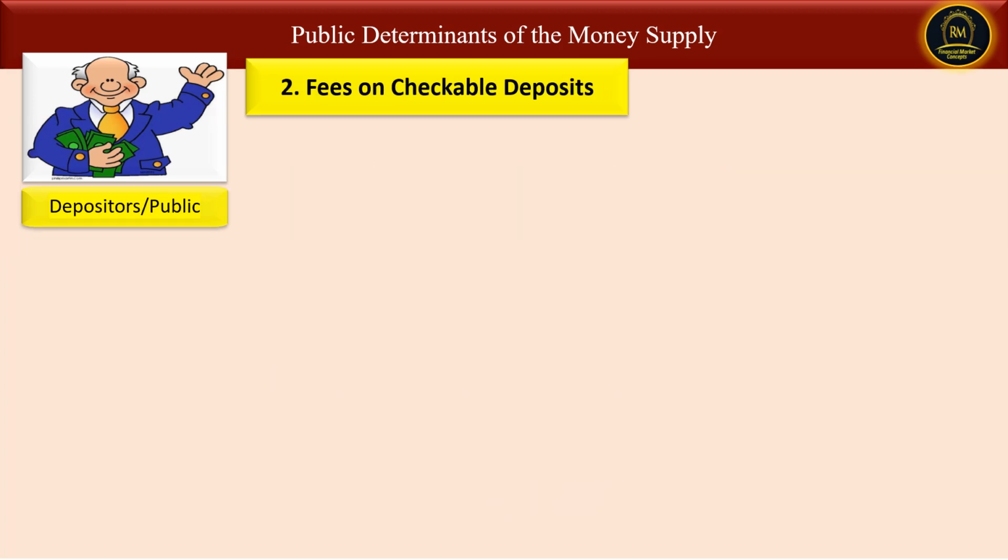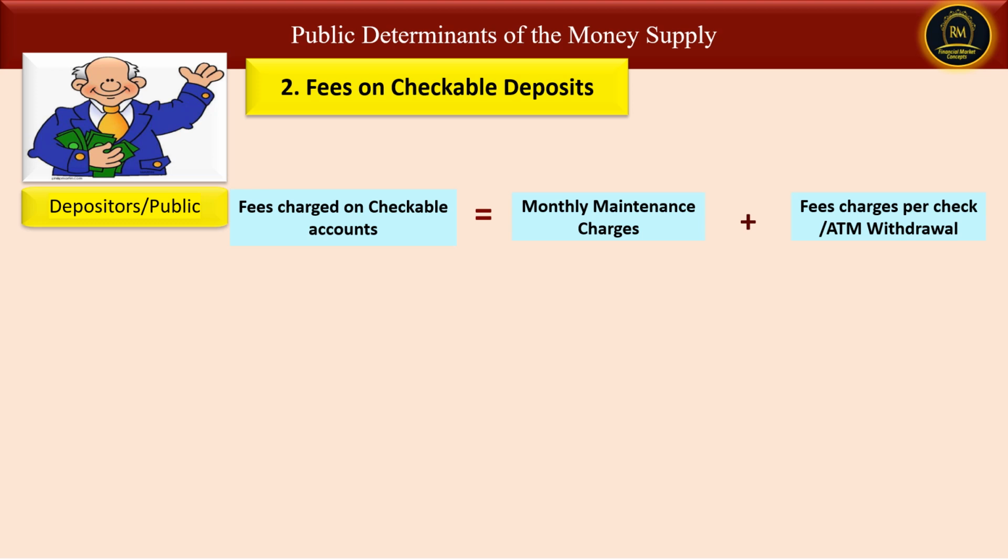The second point is fees on checkable deposits, which influence the public determinant of money supply. We all know that banks charge fees on checkable accounts. These fees include monthly maintenance charges and fees charged per check or ATM withdrawal.